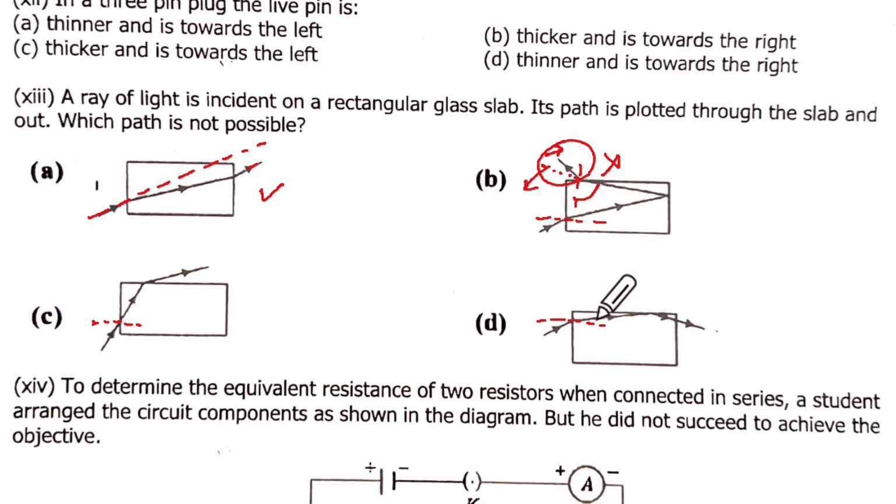Let us see this. This is turning towards the normal, and this angle has become more than the critical angle. So TIR, so this is possible. This also is TIR. One minute.